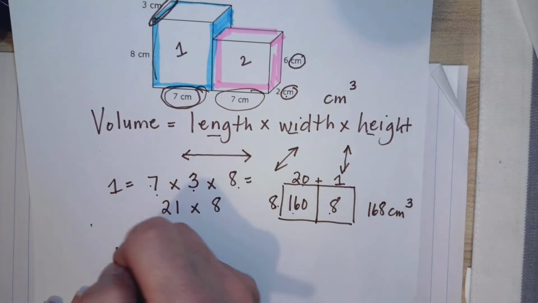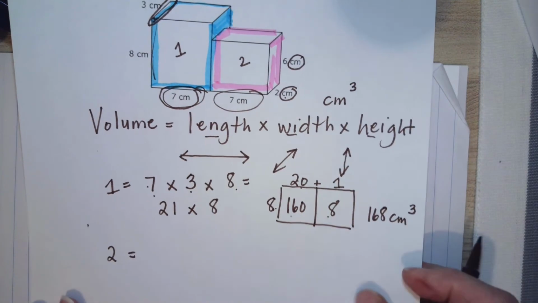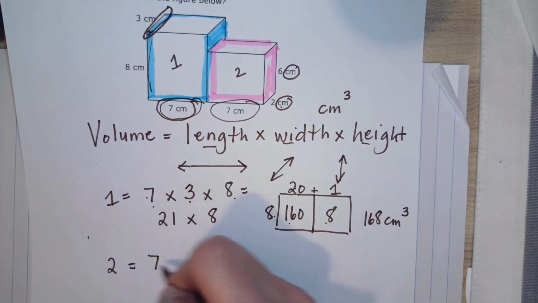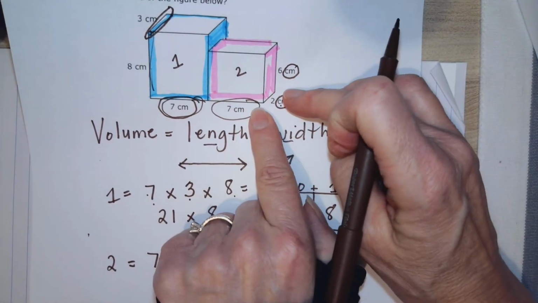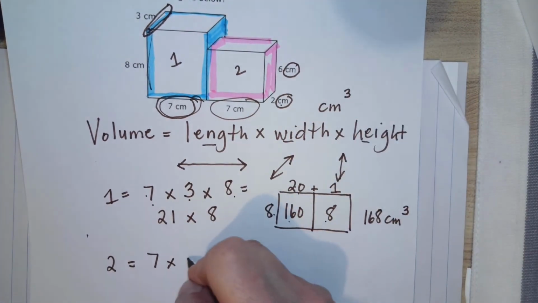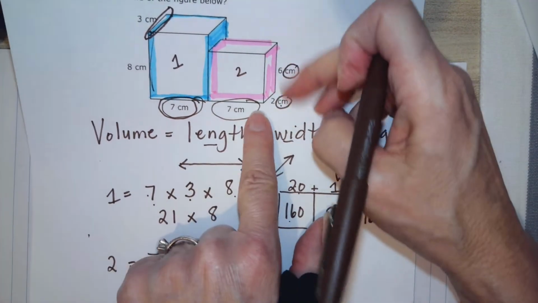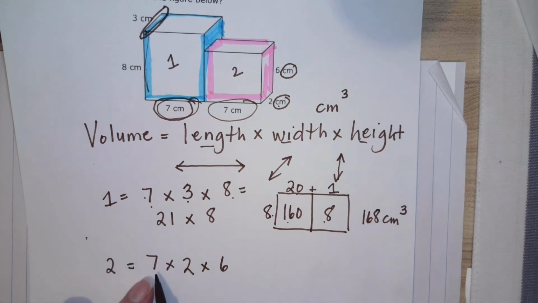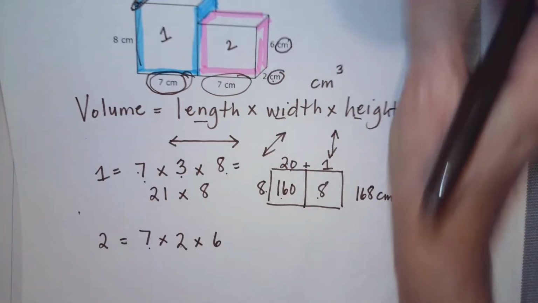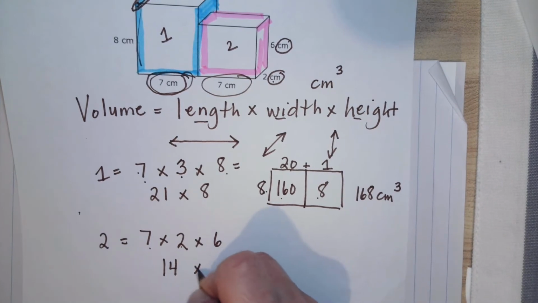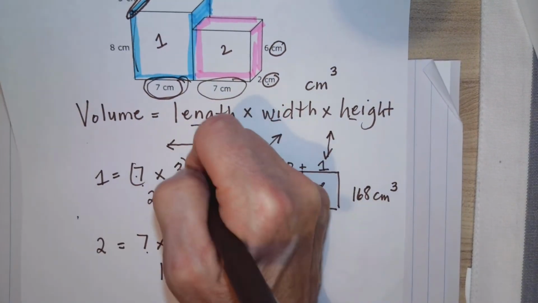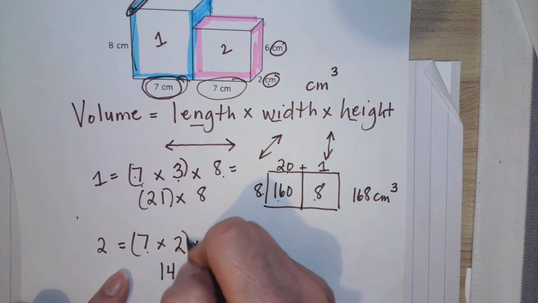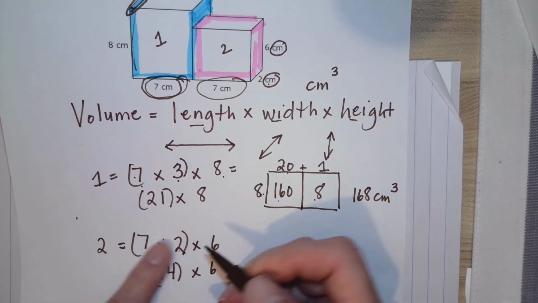Okay, now I have to find 2, the volume of 2. So let me see. Side to side is 7. Front to back, the width is 2. Top to bottom, they're showing me is 6. 7 times 2 is 14 times 6. And let me just do this so that you can see that this is your, sort of when we did order of operations, we did this part first.